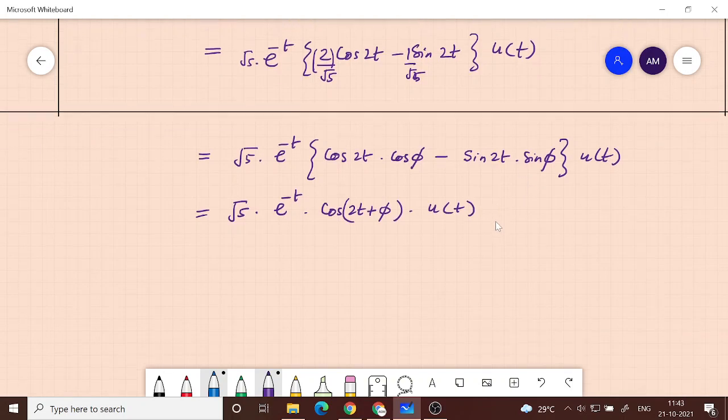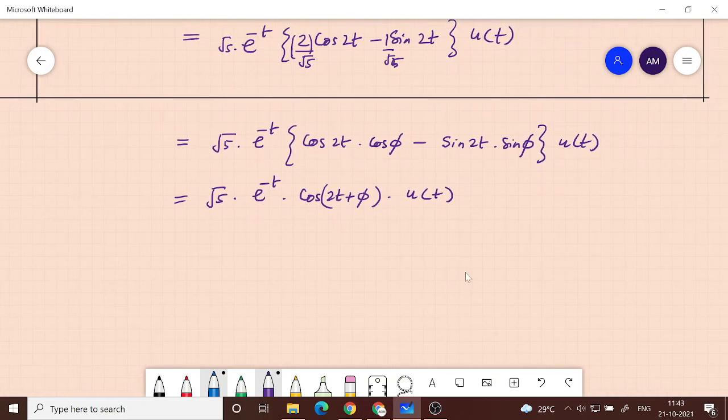Okay, so now you can see that there is going to be oscillations and they are dying out because of this term. Now what is phi? Okay, so let's find out phi also. So if I say tan phi, where tan phi is basically sin phi by cos phi.